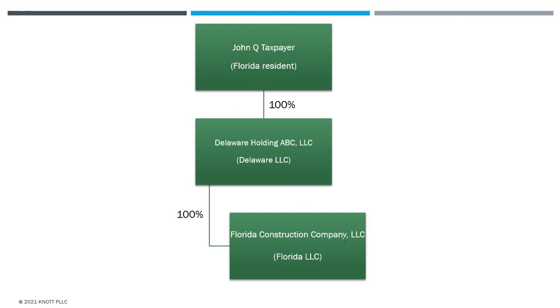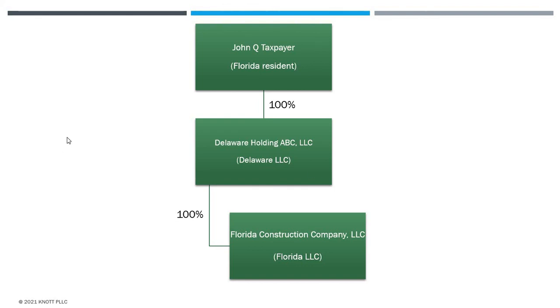You want that additional asset protection. In order to accomplish that, John can put an entity in between here that has those same protections for single-member LLCs. So Delaware, Wyoming, Nevada: you can't just put any entity in the middle here. It's got to be one for a single-member LLC that has those same asset protections afforded under state statute that are offered to multi-member LLCs.